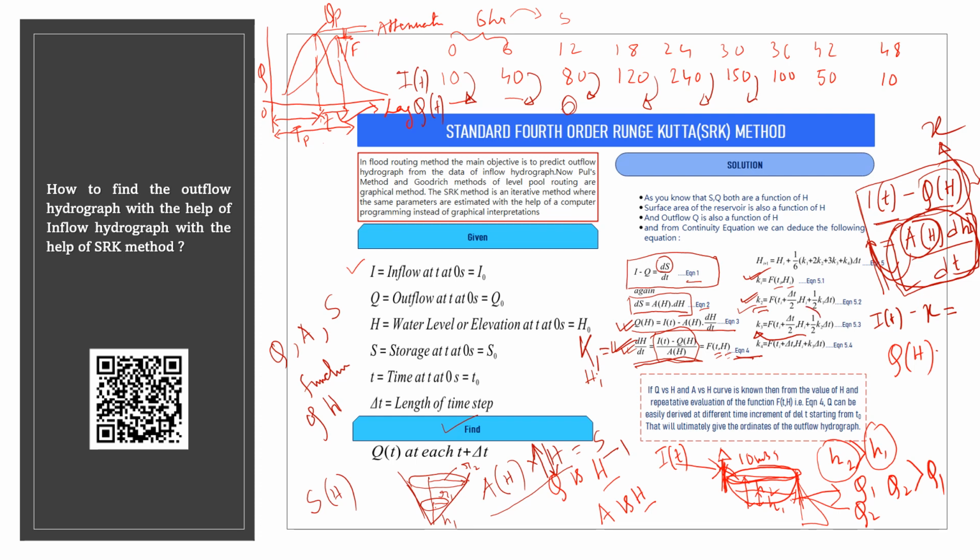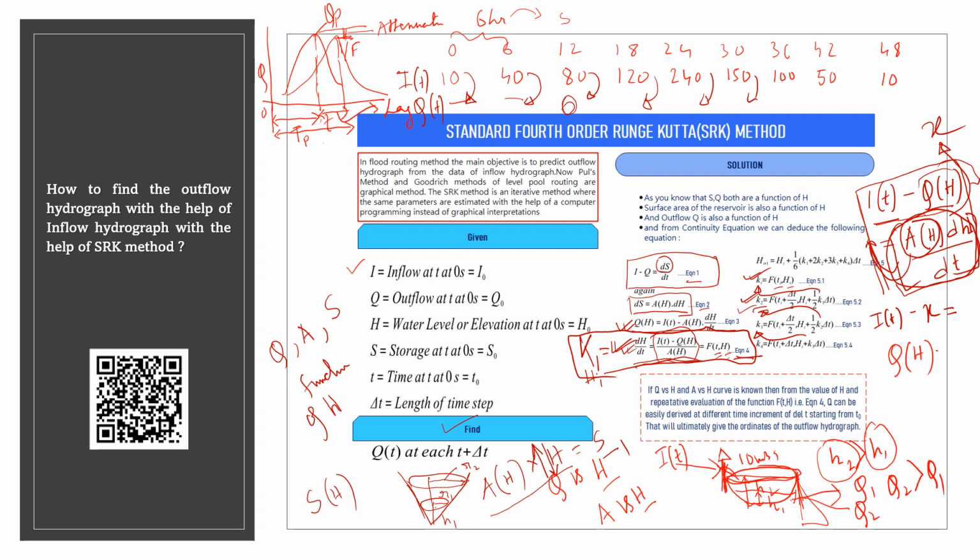Here also k2 means this one. And k1 is nothing but this equation. Equation 4 is the k1.